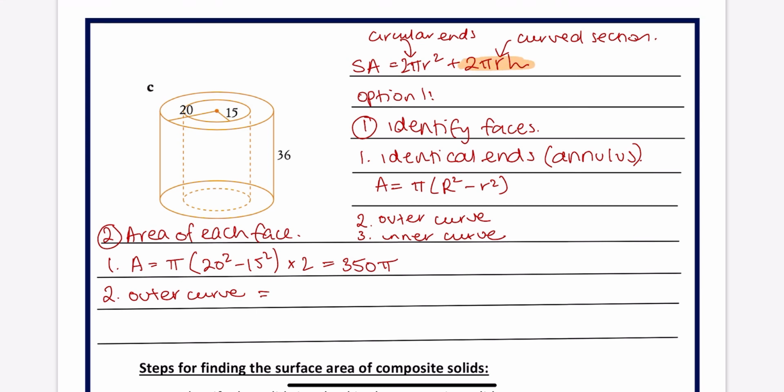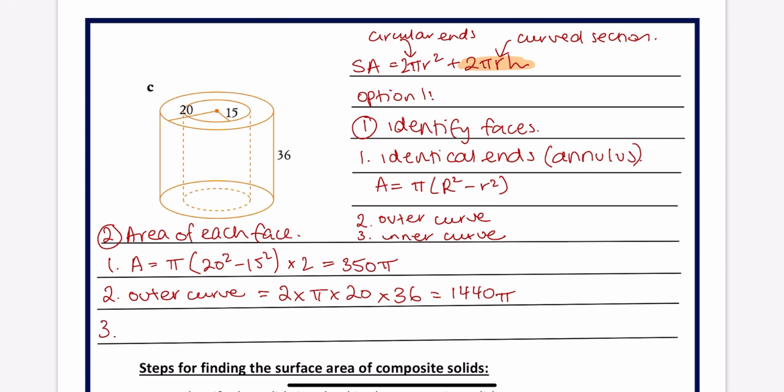Our radius of the outer curve is 20, so we're going to do 2 times pi times 20, and then times that by the height of the cylinder, which is this section here, how tall it is. So I'm going to times that by 36, and leave that in exact form again. So 2 times 20 times 36 is 1440, and then pi at the end.